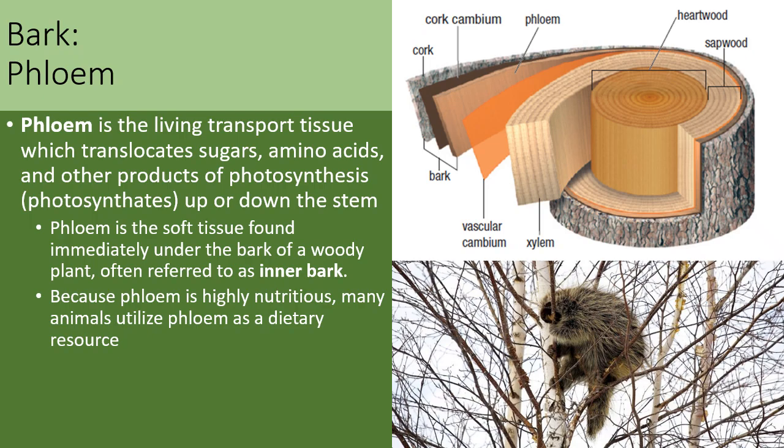And even people in some cultures consume bark. Native Americans and also Scandinavian peoples famously have consumed the bark of certain species of trees that have palatable phloem. And it is highly nutritious. It's a good source of sugar. Often it does taste sweet, but I should say, when human beings consume phloem, you don't normally eat it.